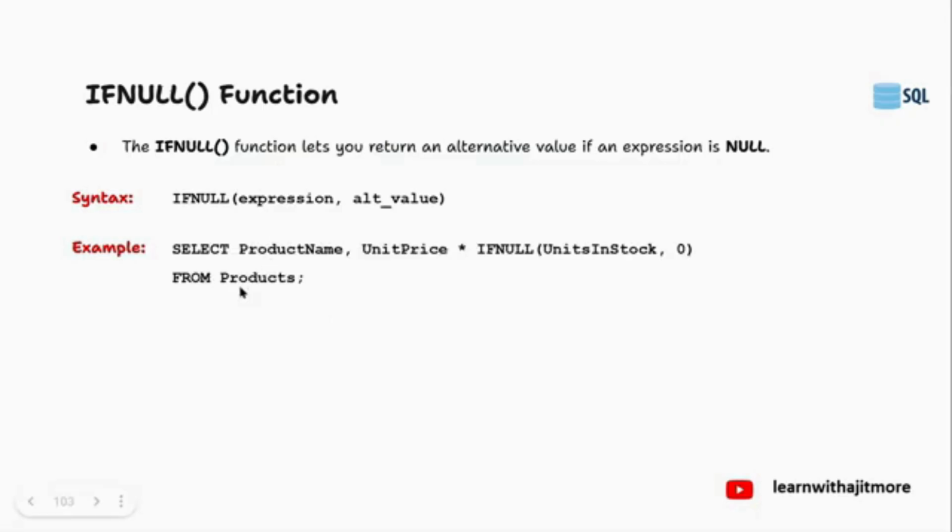As an example, we have a products table. From that products table, I want to print the product name and the amount which is created from the quantity in stock multiplied by that product's price. So in the output, the first column is the product name, pen, pencil, whatever.